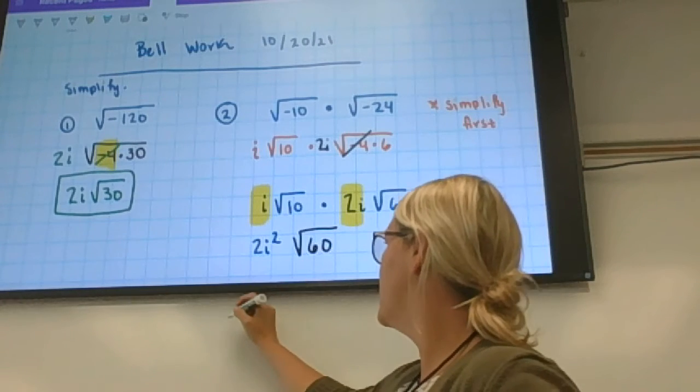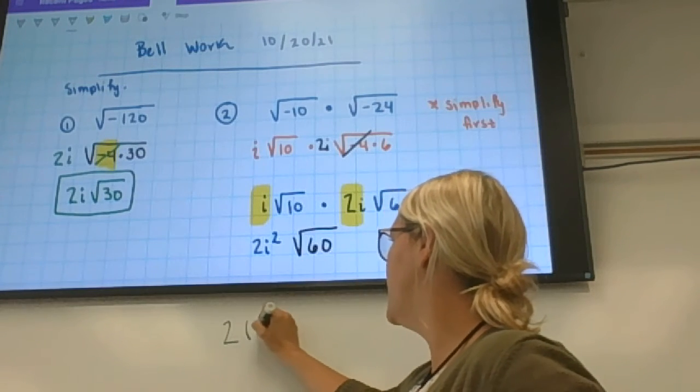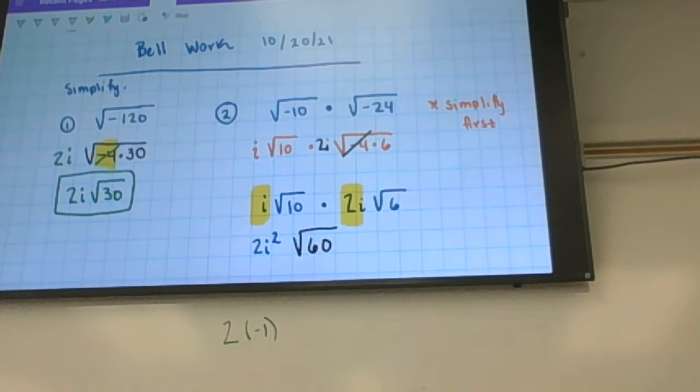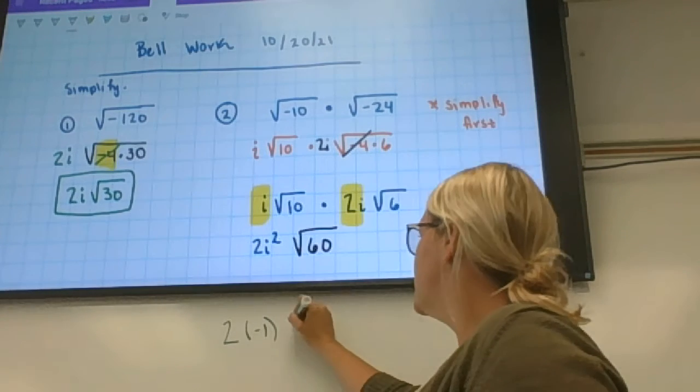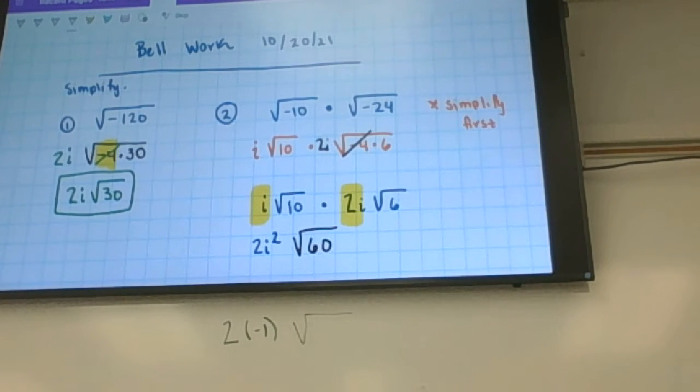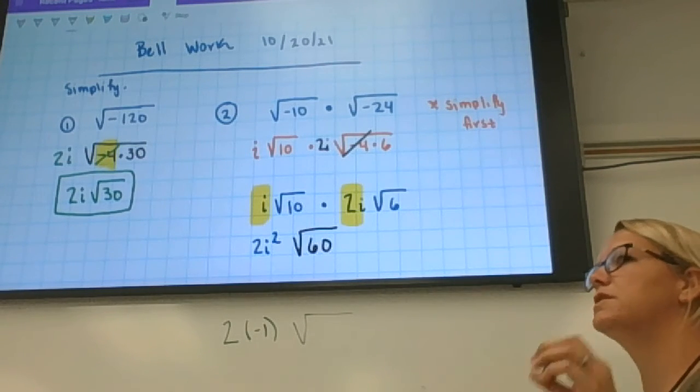So I'll keep going. Every time i squared comes up in a problem, I replace it with -1 equivalent. And 60 divides by a lot. Divides by 2 and 30. It divides by 15, right? So it's 2 and 30.